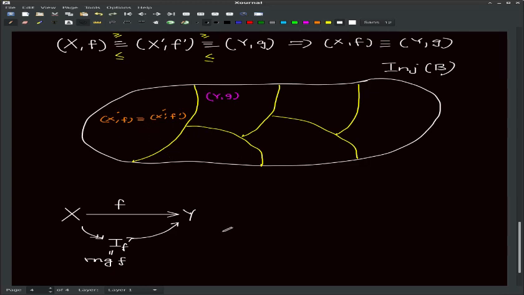Now, so therefore, if you take, for instance, this Xf, you already tell me that this is an injection. And you are going to tell me that this is your, I don't remember how I represented this.